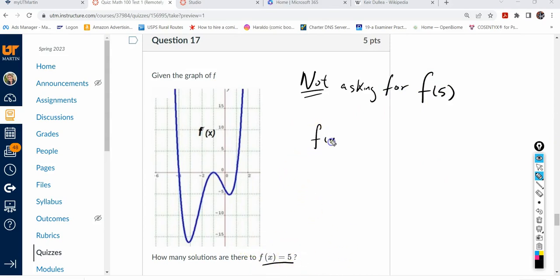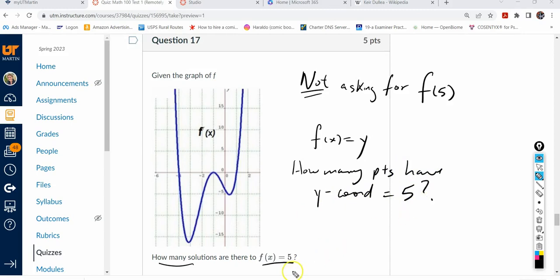So remember, f of x is the same thing as y. And so it wants to know how many points have y coordinate equal to 5. Or another way you could ask this is how many times does the line y equals 5 intersect the graph?